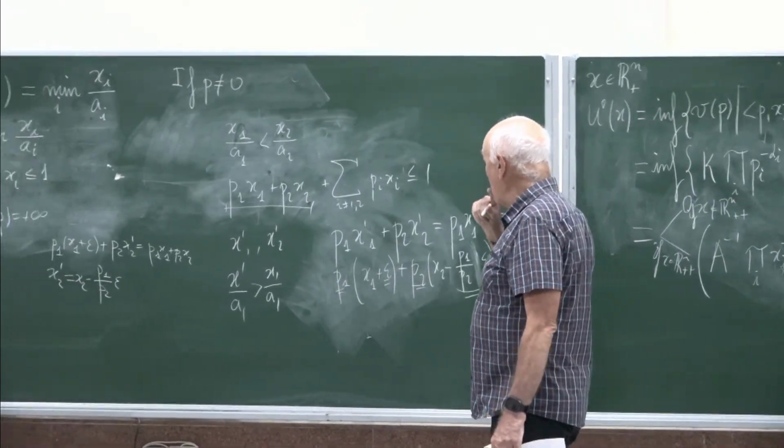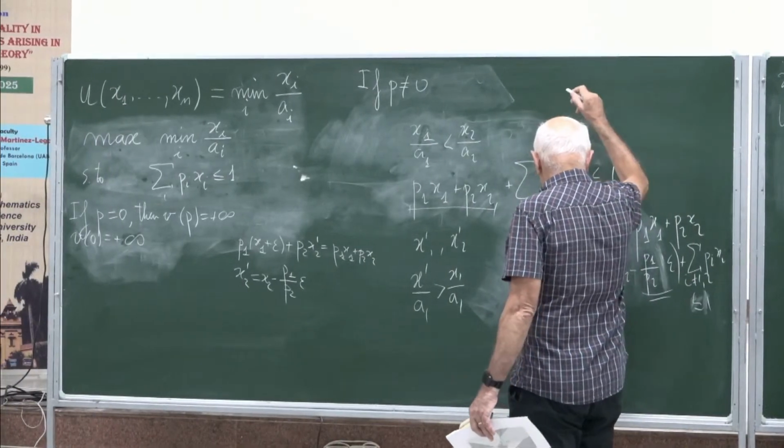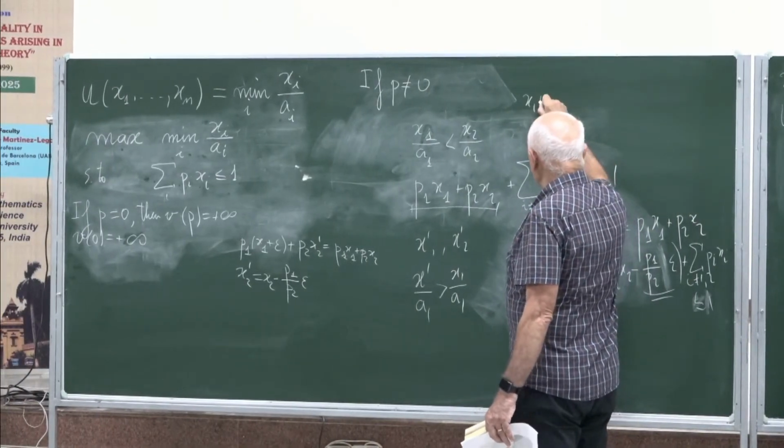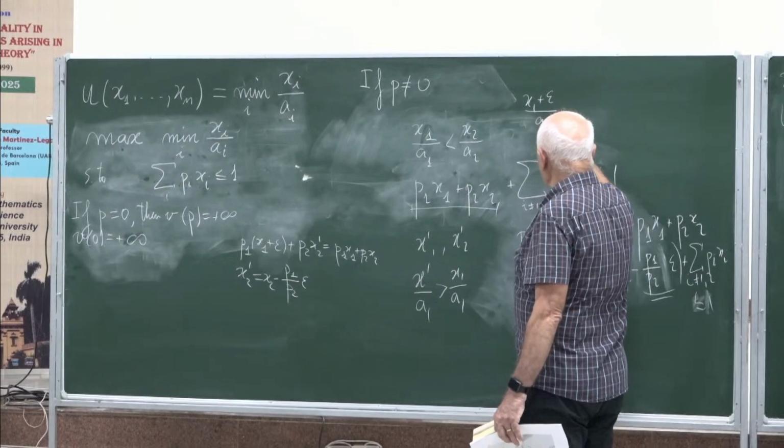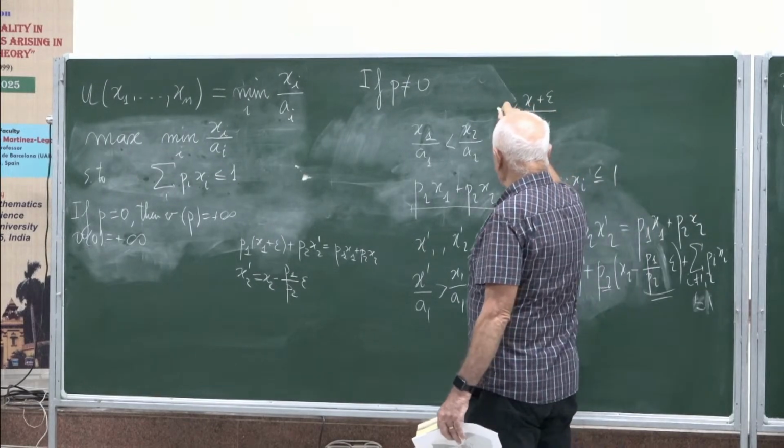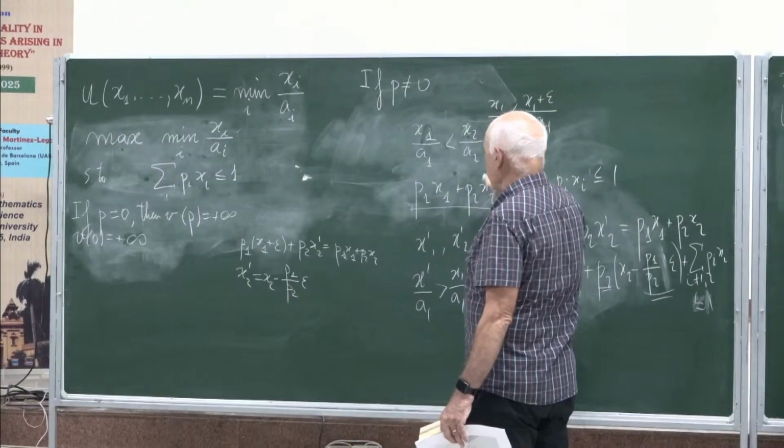And then x1 plus epsilon over a1 is greater than it was before.